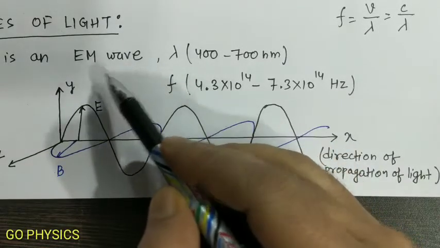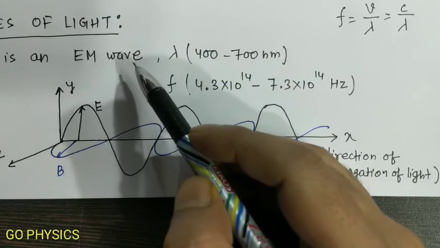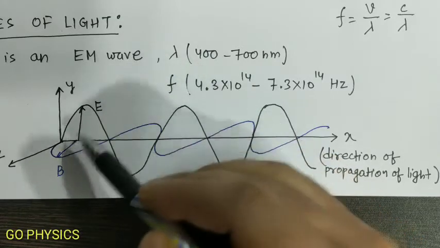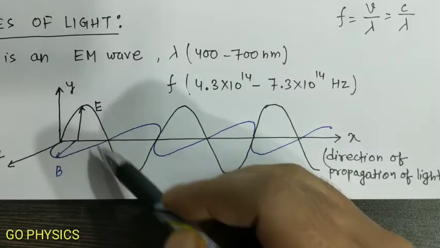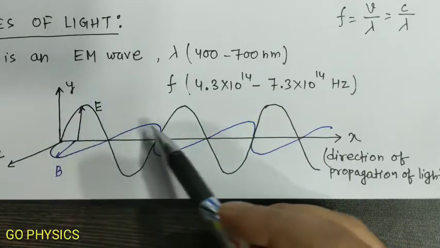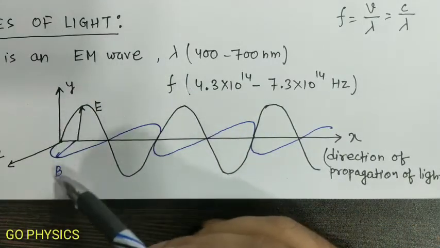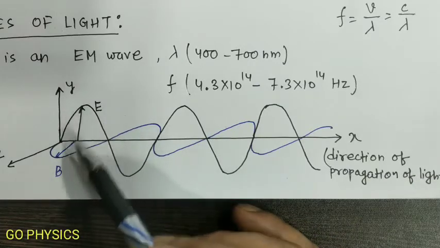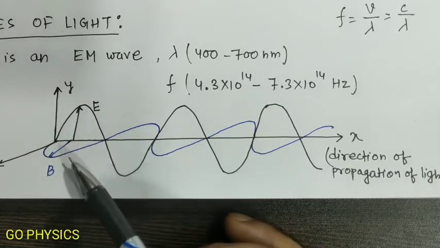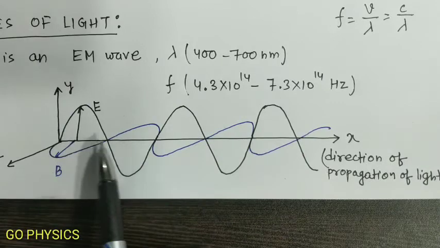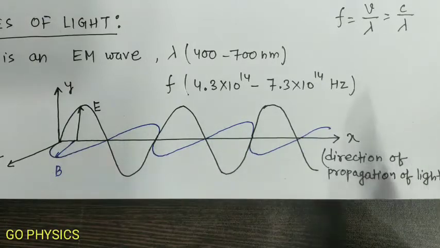Since light is an electromagnetic wave, it must consist of a varying electric field and a varying magnetic field. Both the electric field and magnetic field are perpendicular to each other, and they are also perpendicular to the direction of propagation of the light.